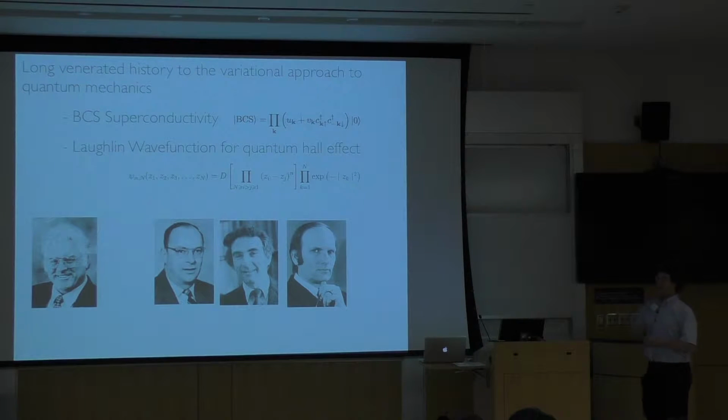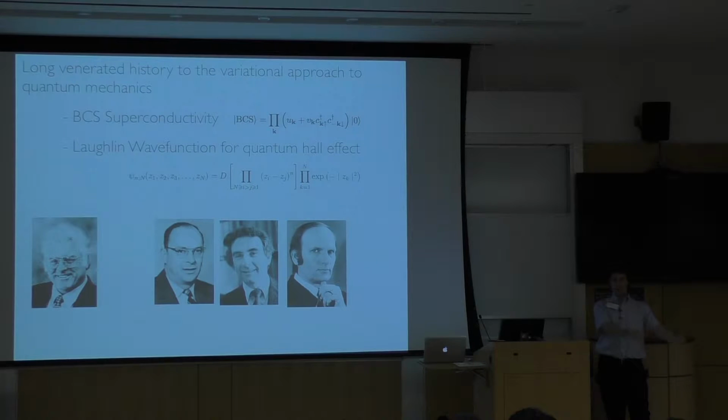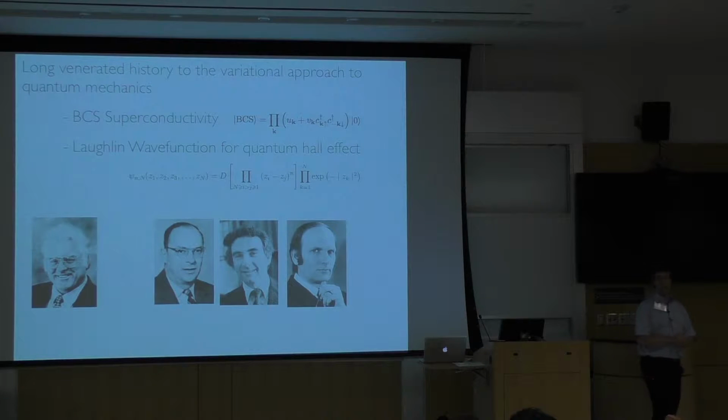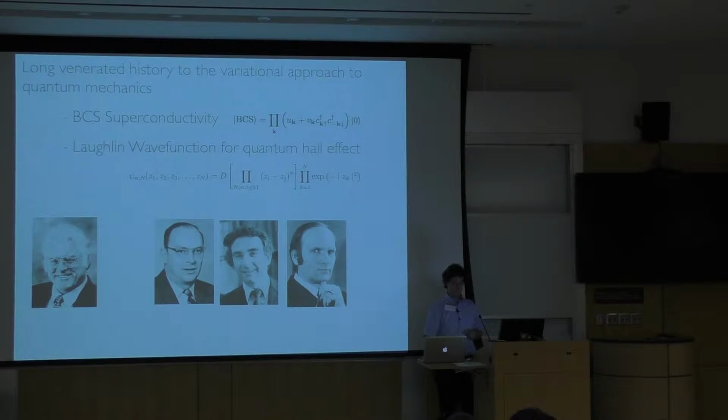Well, in many ways, Laughlin wrote down the right wave function and showed that it had the right properties. And so this is at least some motivation to think that the variational approach, although at face value it sounds ridiculous, write down the answer to your problem, write down the many-body wave function, nonetheless might give you a lot of value if you can do it right.